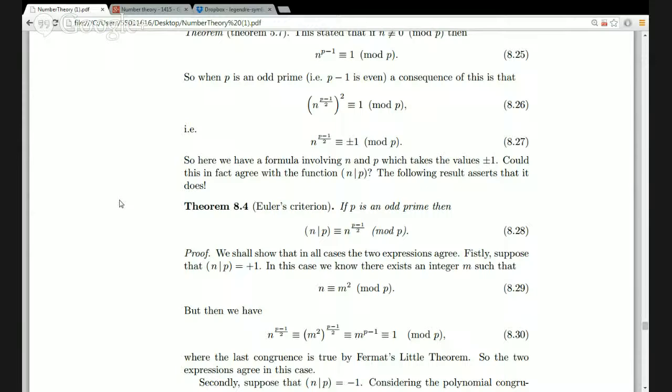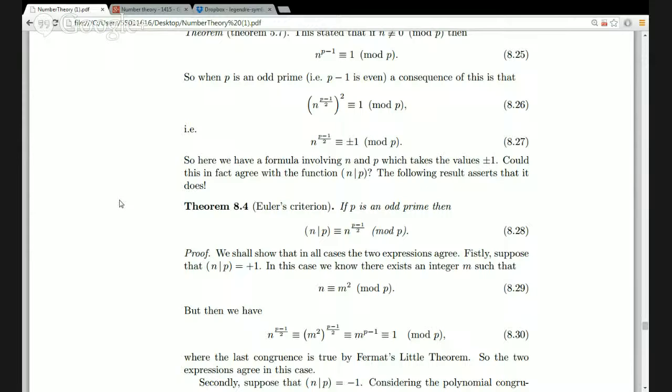Well, that formula requires you to raise n to the power of (p-1)/2, so it requires (p-1)/2 multiplications. So it's more or less just as computationally expensive as searching through manually all the squares modulo p and looking for whether n ever occurs. Although it looks tempting as a nice, easy formula, in practice it's more or less as expensive computationally as just calculating manually what all the quadratic residues are.